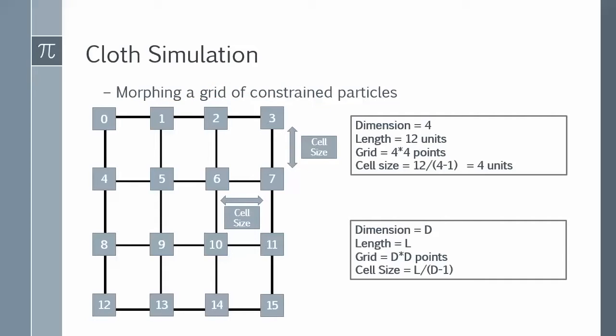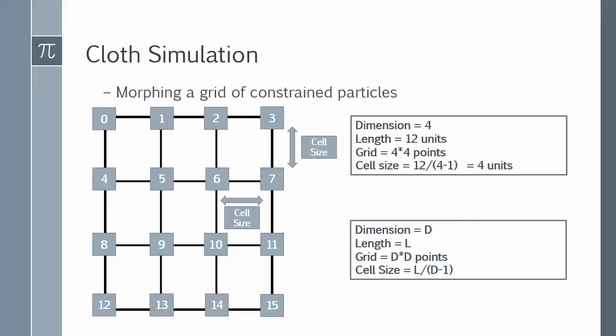We have a grid of 4x4 points, 16 points indexed from 0 to 15. So each cell size then will be 12, in this case, divided by 4 minus 1, which is 4 units, the cell size, that's what I'm calling it here. And this is because between 2 points you have 1 line.